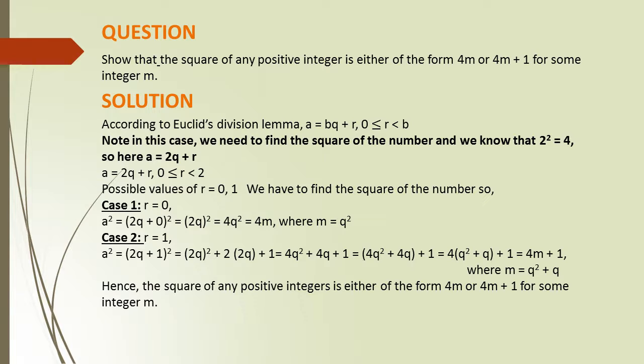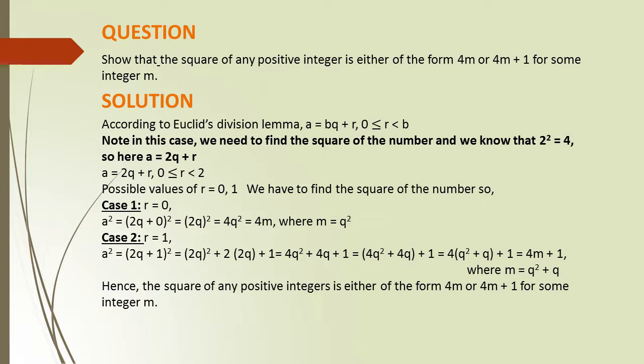We group 4q square plus 4q and take plus 1 separately. Now from 4q square plus 4q, we can take 4 common. So we get 4 multiplied with q square plus q, bracket closed, plus 1, and we use another variable m to represent q square plus q, and it becomes 4m plus 1.